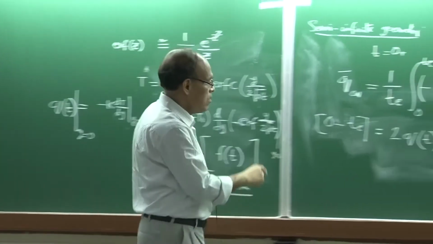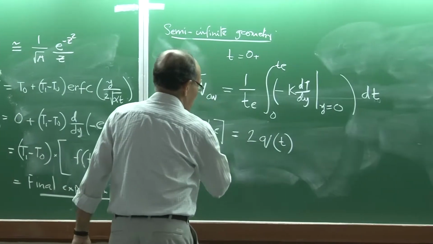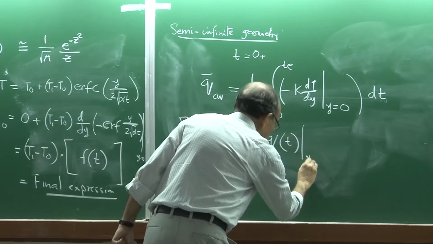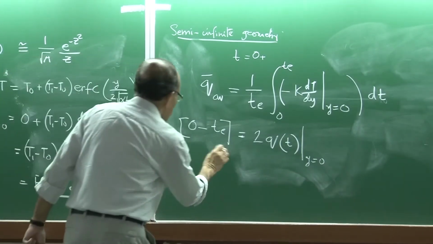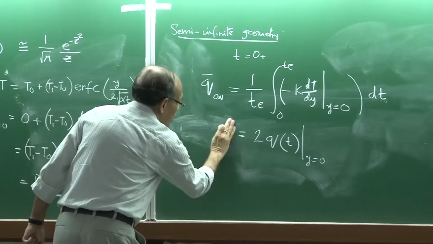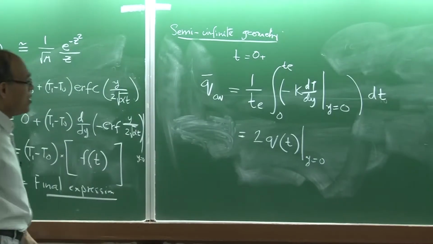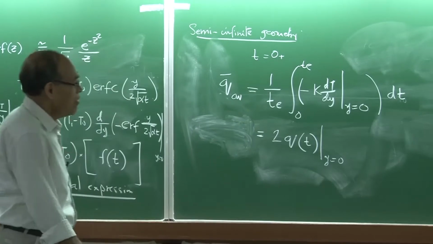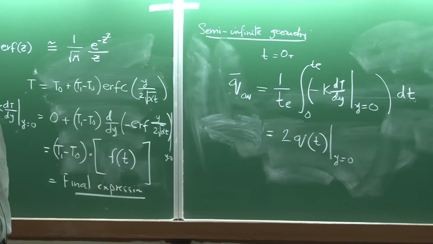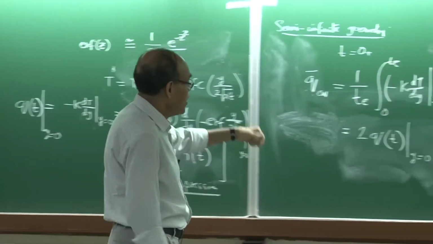So, this is the average heat flux at y equal to 0. I can erase it, so that there is no confusion here. So, the average heat flux is actually 2 times the instantaneous heat flux. That is what it implies.